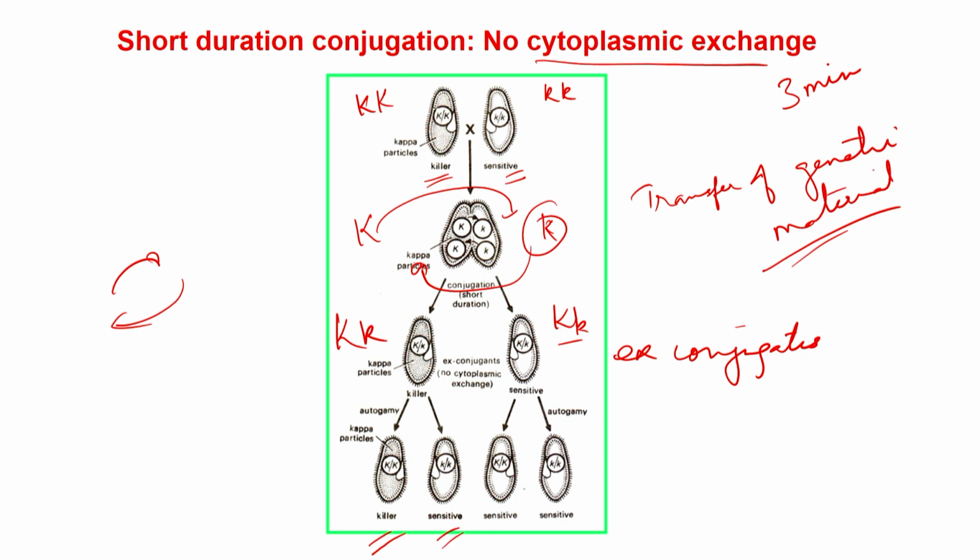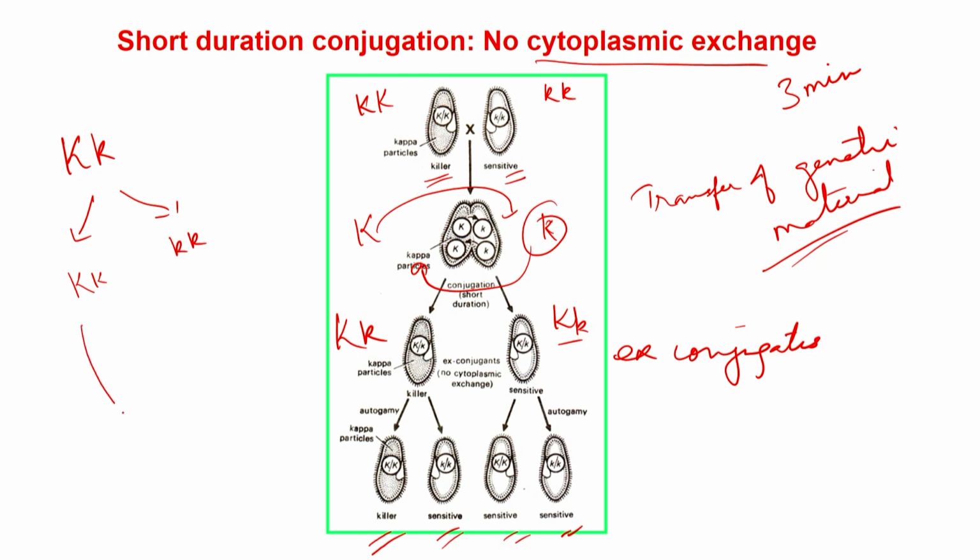Why killer and sensitive? Why sensitive over here? Because here, just understand the genetics. So you have capital K, small k, and when they divide, division जब होता है, so you will have one of the paramecium receiving K, then it makes its copy K, and this will become small k, small k.